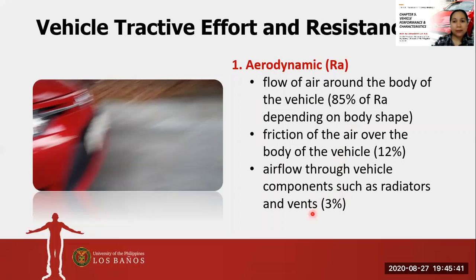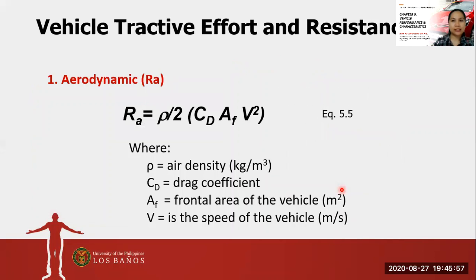And about 3% comes from the airflow through the vehicle components such as radiators and vents. Now, how do we compute the aerodynamic resistance, RA? We have here the formula.